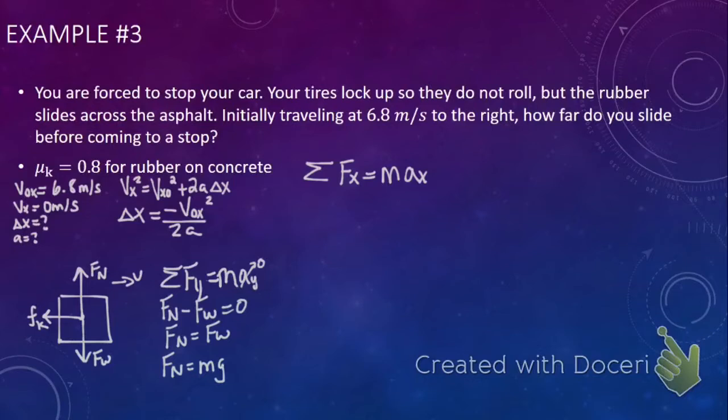Because my car is slowing down, my acceleration is opposite the direction of my velocity. Because the acceleration is opposite the direction of my velocity, that then means if my velocity is positive, my acceleration is negative. That makes my right-hand side negative.